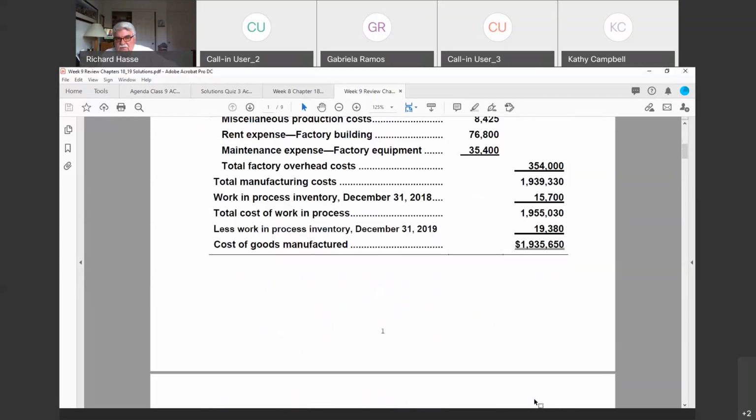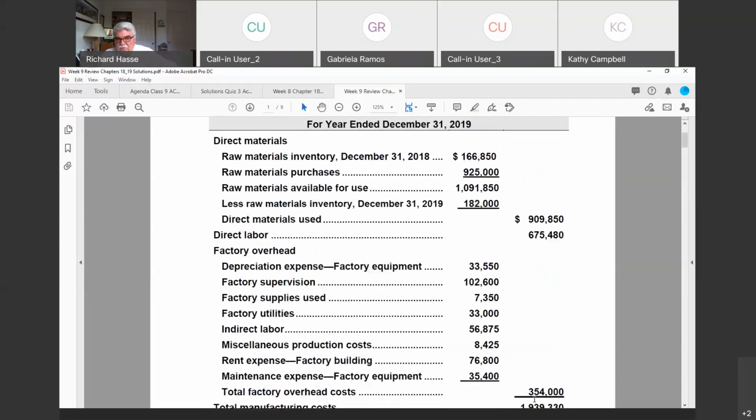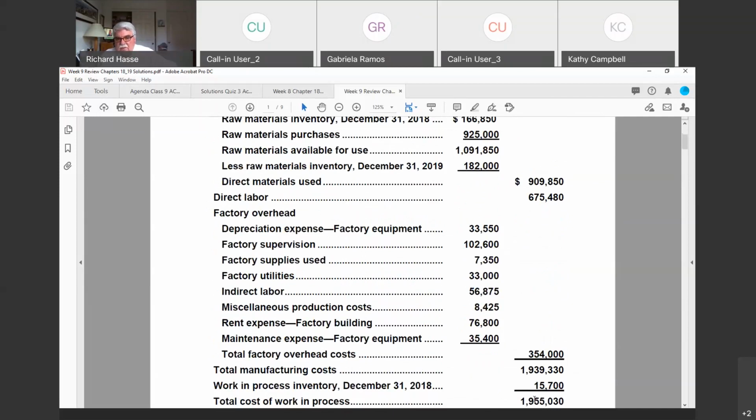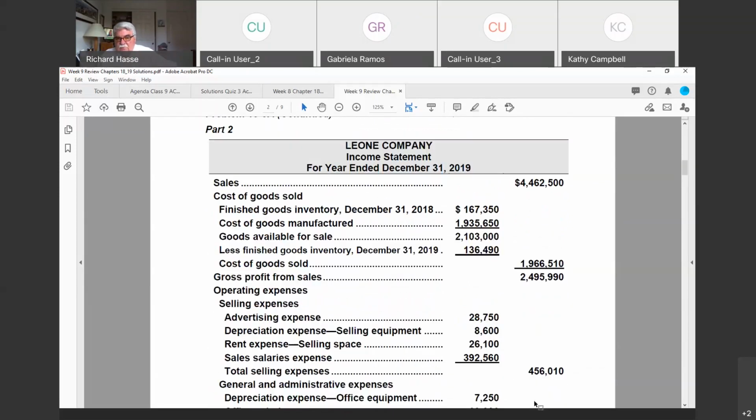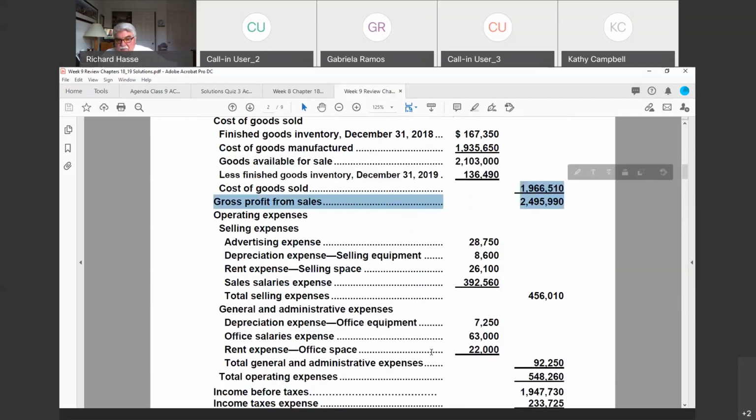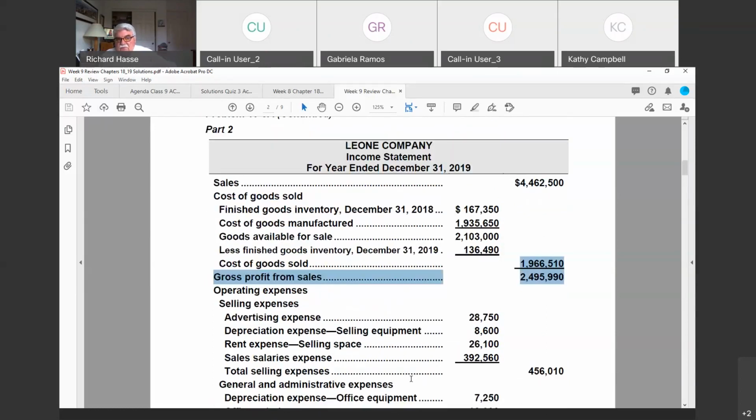Understand what it costs us to produce a product: materials, labor, and overhead. Understanding the difference between product cost here and period costs here. Operating expenses. That's important too. And understand the flow of inventory, beginning, available, ending, and how that plays into the overall financial aspects of a company.